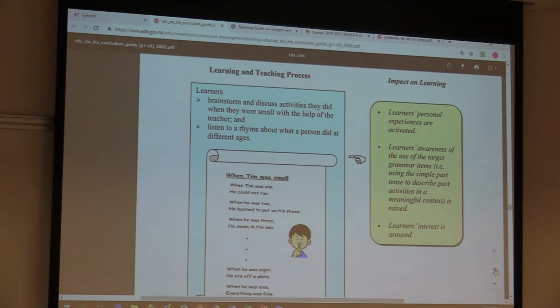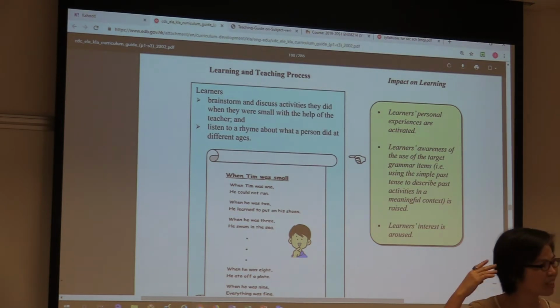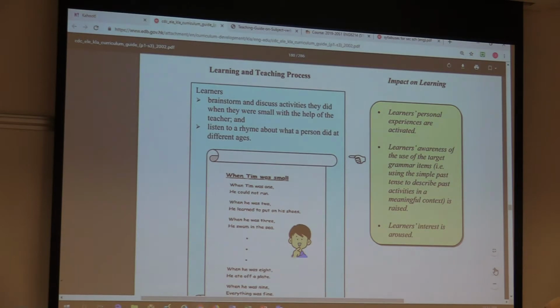Students have to write their own rhyme. The whole rhyme is written by the students. They have to use their past tense knowledge to write about their own life. So they have to think and do, and they can produce something.